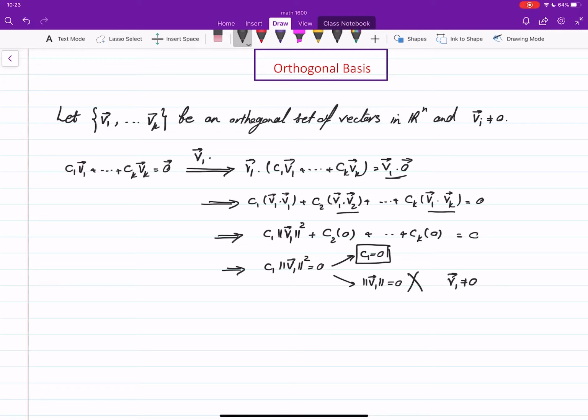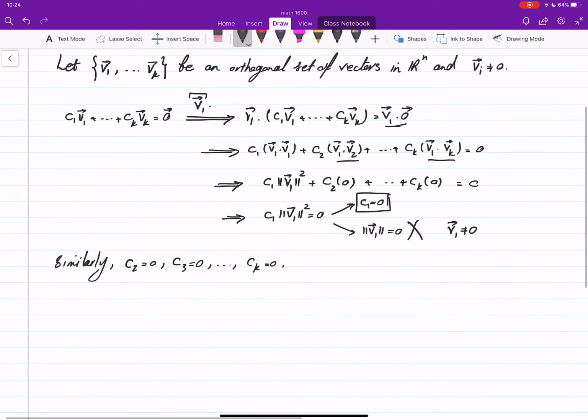But similarly, we can prove that c2 is also 0. How? Instead of dot producting the equation by v1, you dot product it by v2. And we can show that c3 is equal to 0, and this will go up to ck equal to 0. This way we have shown that the zero vector has only one way to be a linear combination of these vectors.